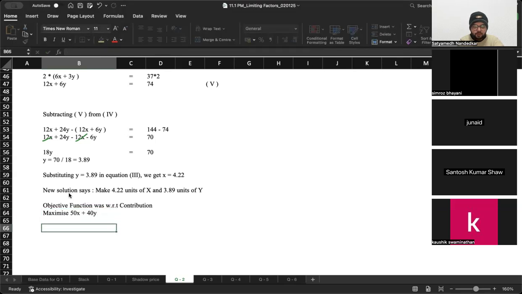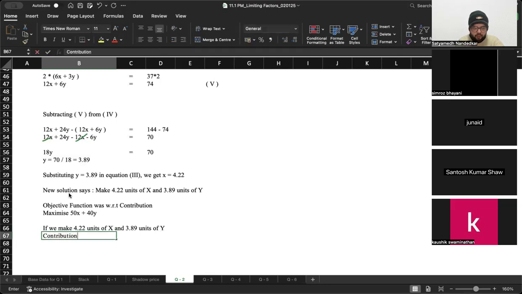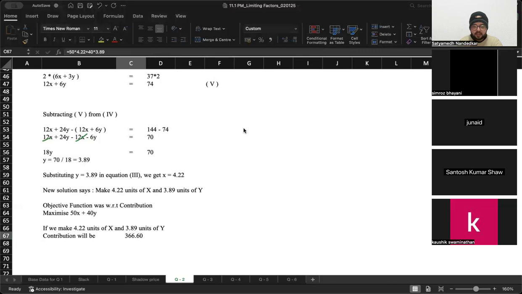Okay, so under this, what if we make 4.22 units of x and 3.89 units of y, contribution will be how much? 50 into 4.22 plus 40 into 3.89, 366.60.